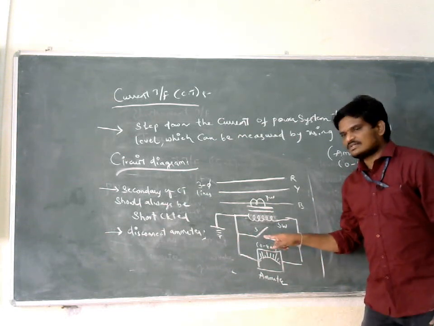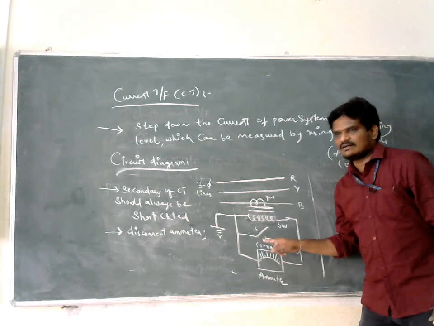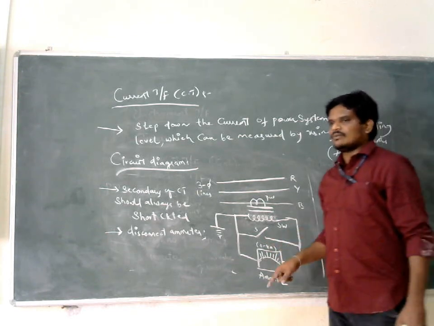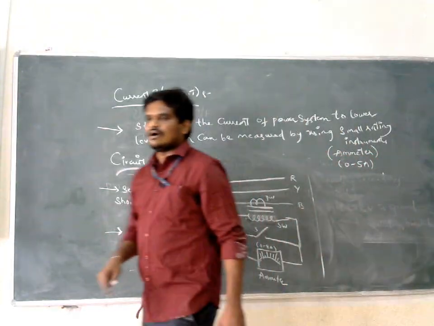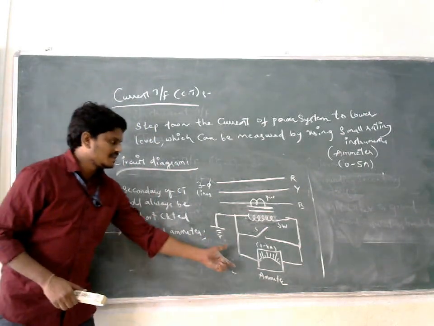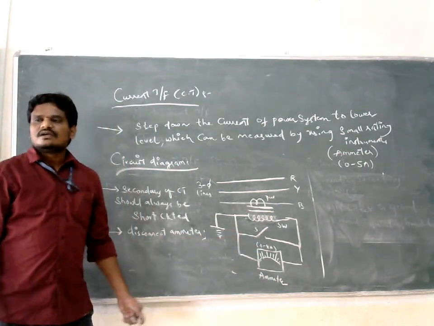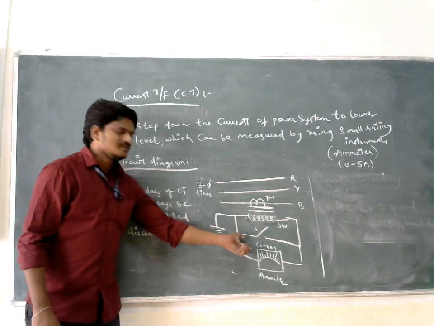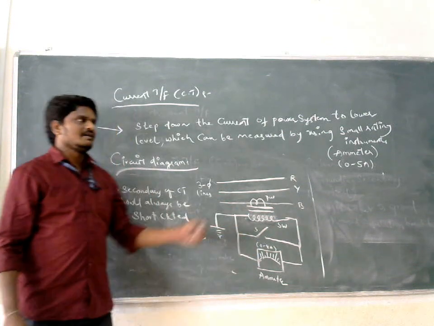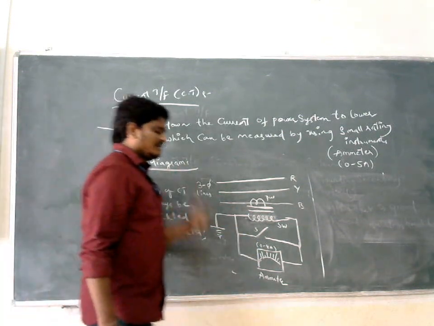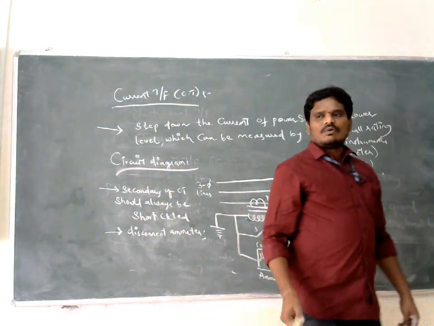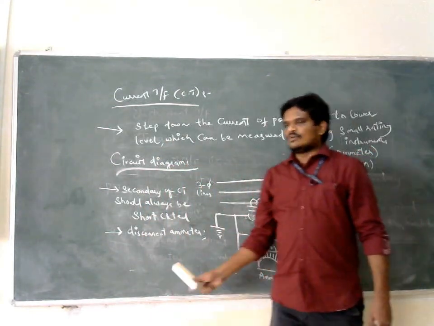You need to close the switch S, which is present in the current transformer, in order to avoid the large voltage drop across the ammeter. This is regarding the definition, construction and working of a current transformer.